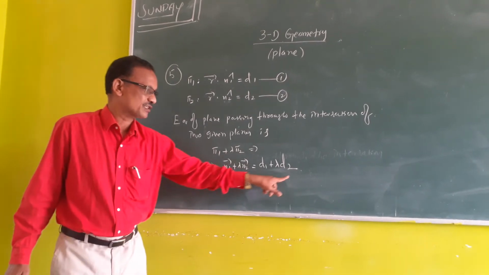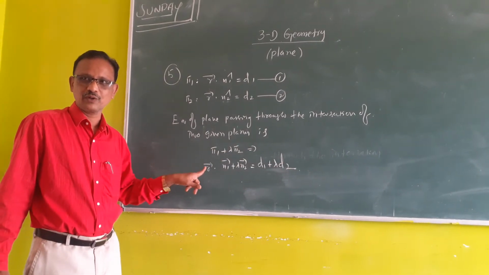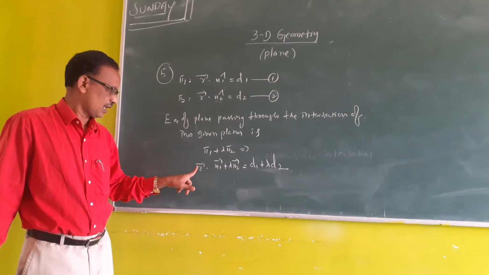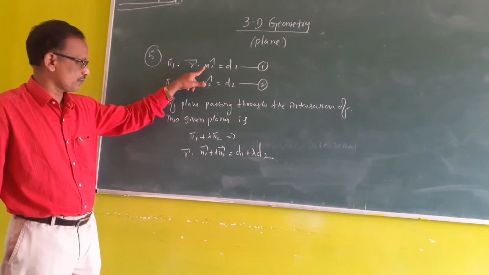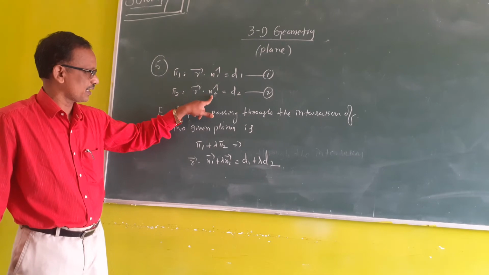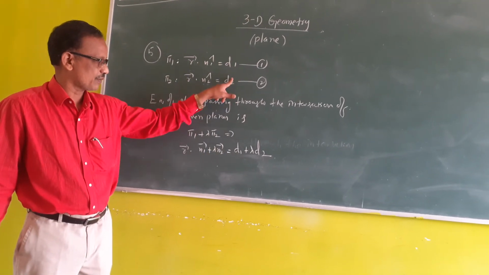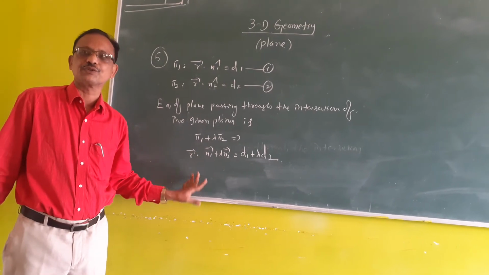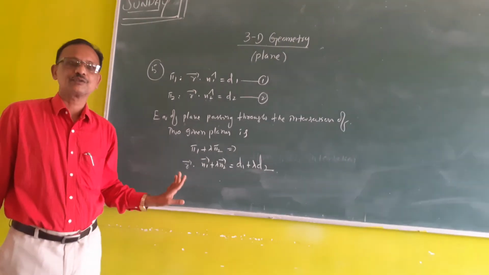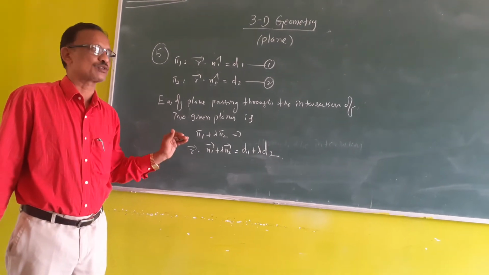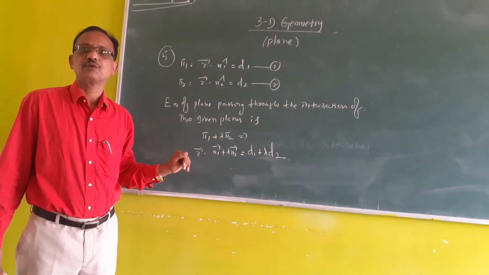So this is the equation of a single plane, so we take only r bar: r bar dot n1 bar plus lambda into n2 bar equal to d1 plus lambda into d2. This gives the equation of the plane passing through the intersection of two planes.